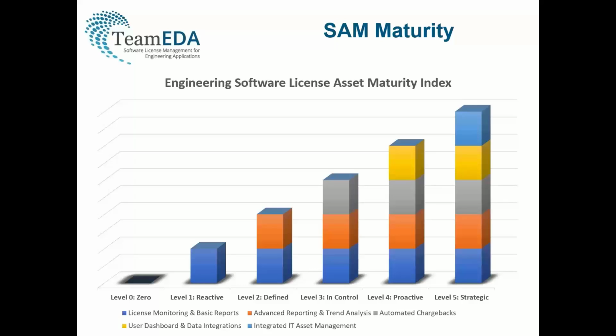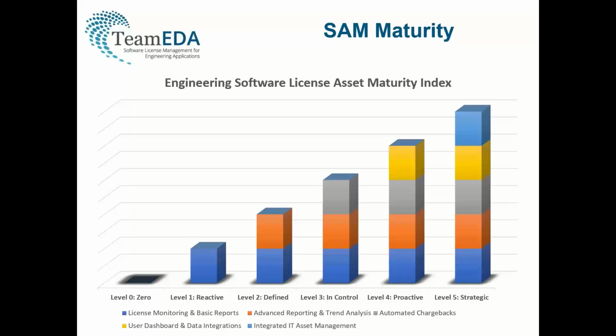This is where they fully understand the people that are using their licenses and where they're located. It's probably a big enough company that they are charging back the cost of the licenses to different departments, or charging back the time people use on the most expensive licenses. So it's a very intelligent view on it.